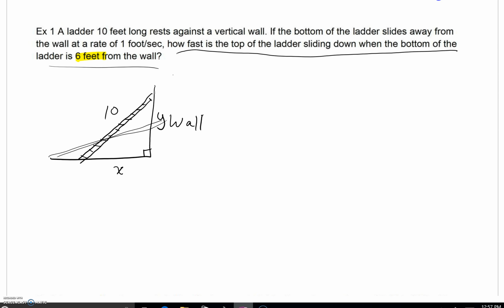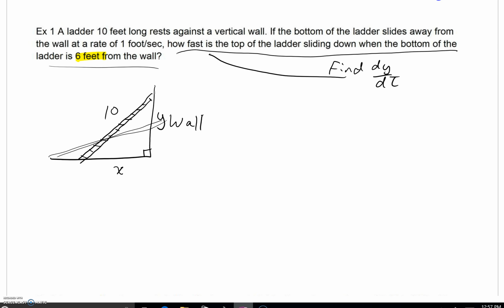We're supposed to find dy/dt. How fast the top of the ladder is sliding down. How is y changing with respect to time? When the bottom of the ladder is 6 feet from the wall. So we want that at a particular instant.